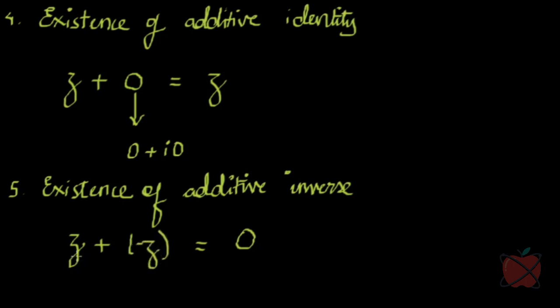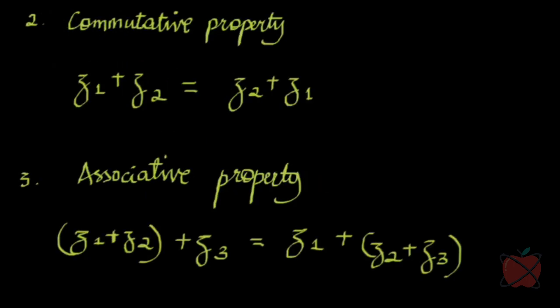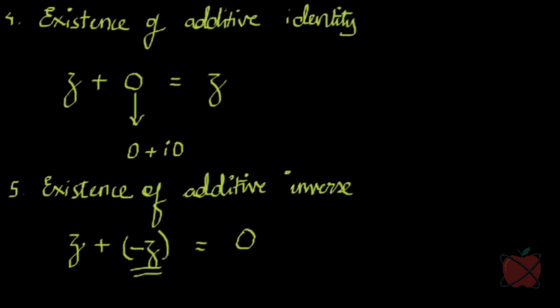So if we have z and minus z, and we add them together, we will get 0. So we say that the additive inverse of z is minus z. Alright? So those are the 5 properties. We have closure property, which we had studied, commutative, associative, existence of additive identity, and existence of additive inverse.